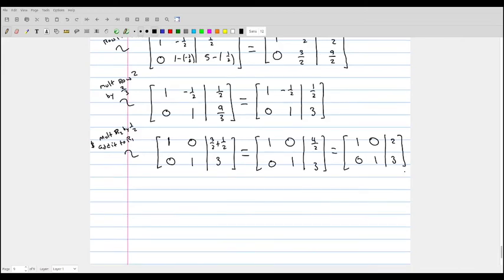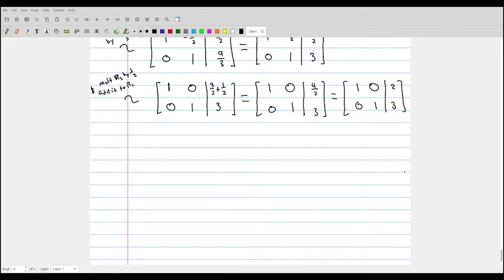And this tells me directly that the solution to this system of equations is 2 and 3. Because what this is saying is that our original system is equivalent to the system 1, 0, 0, 1 matrix multiplied with x, y is equal to 2, 3.